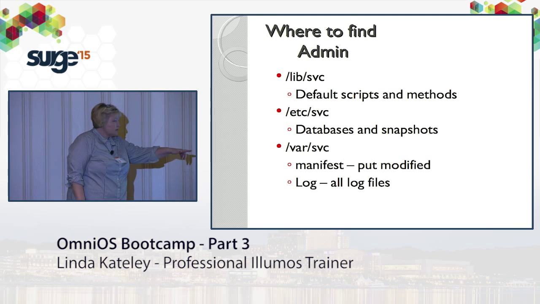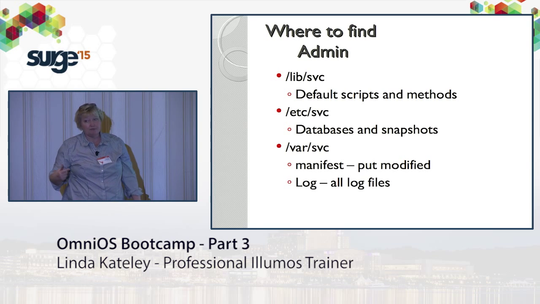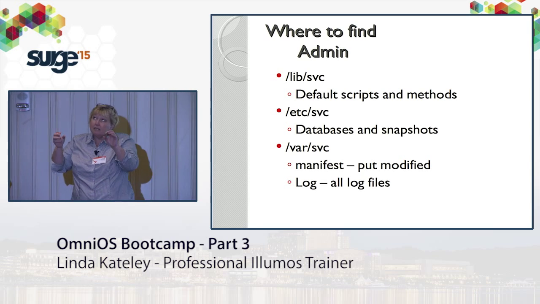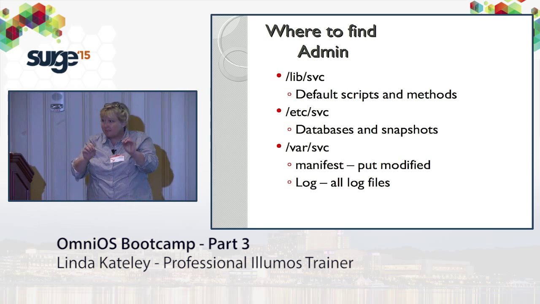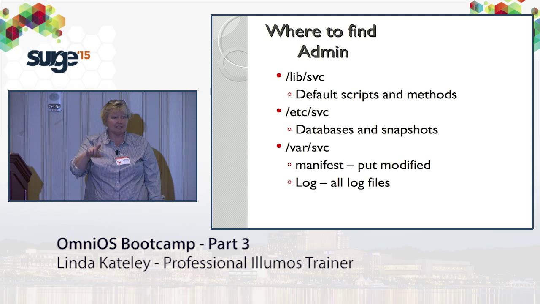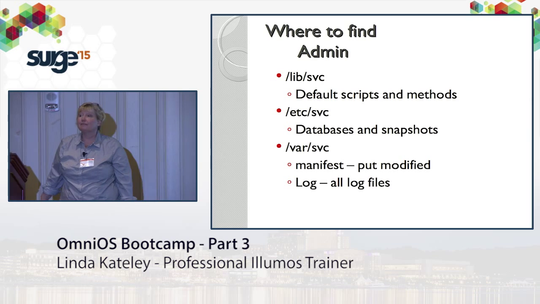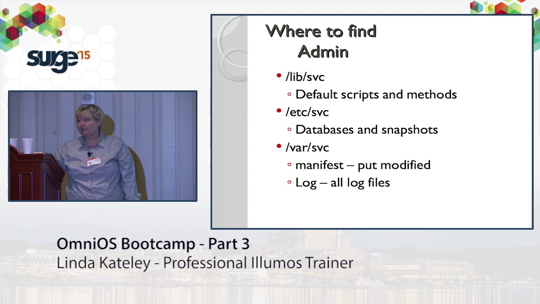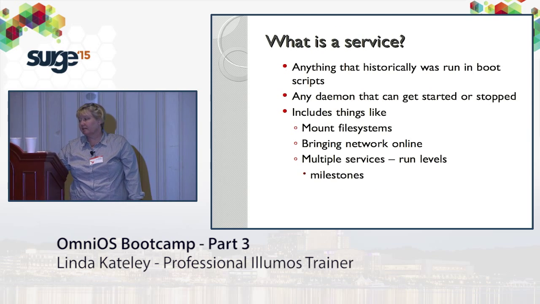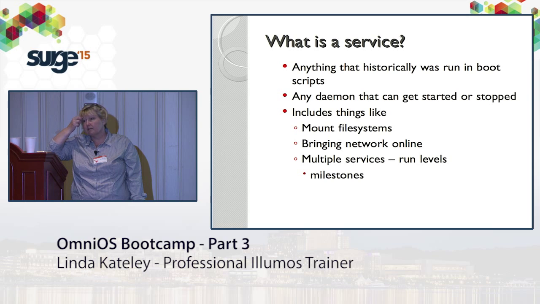There's also in /var/svc the manifest, and the manifest is the thing that is all the dependency mapping, right? And then what executable you'll execute. When you do illumos, svcs, the minus capital L flag will give you the path to the log file for a given service.